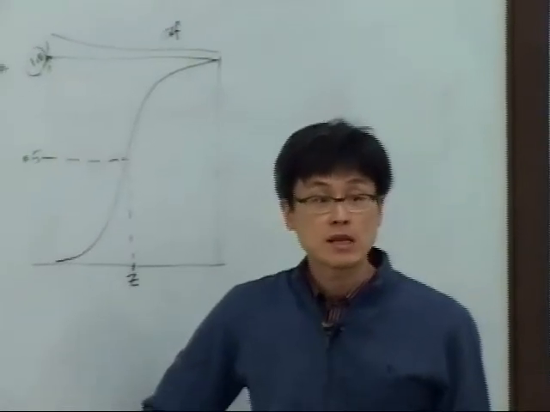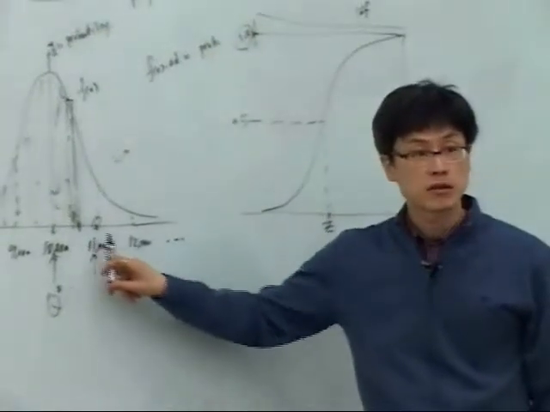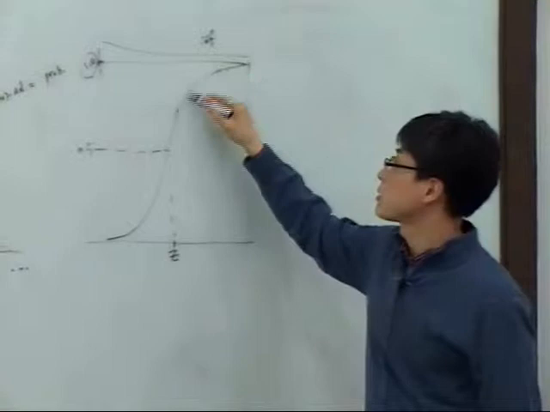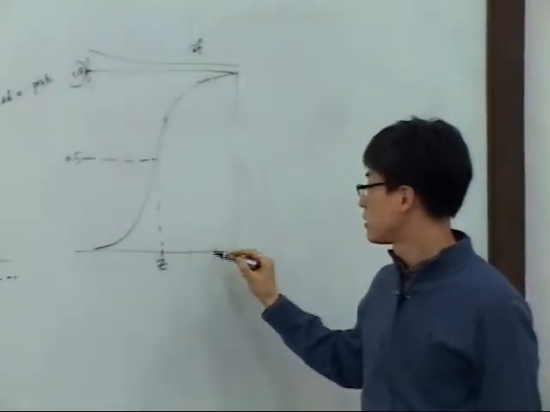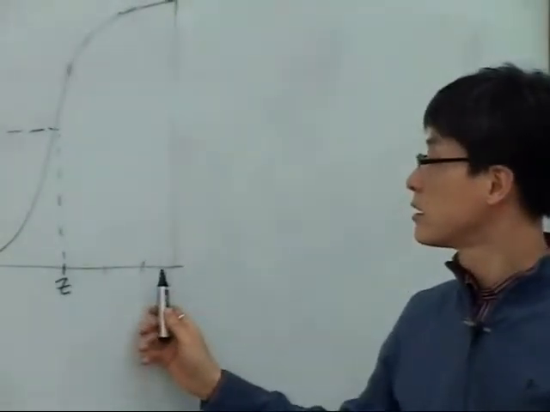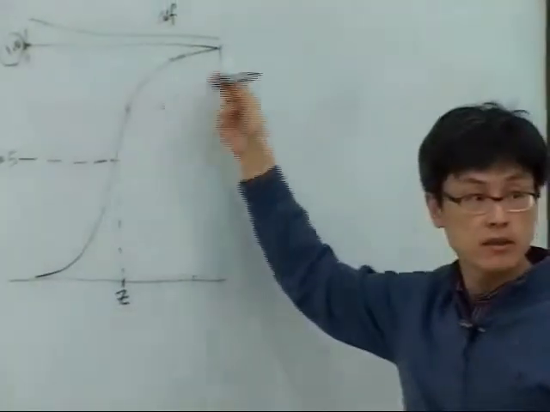I'd like to talk about the sensitivity. When the error is playing around here, the variability here is less than variability here because the slope is like this.